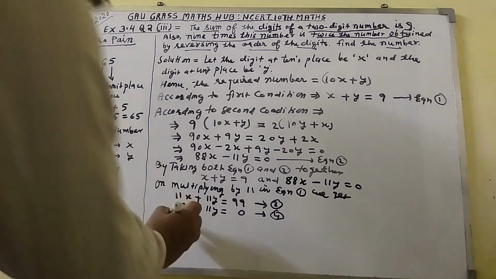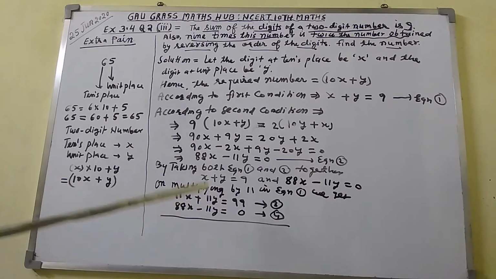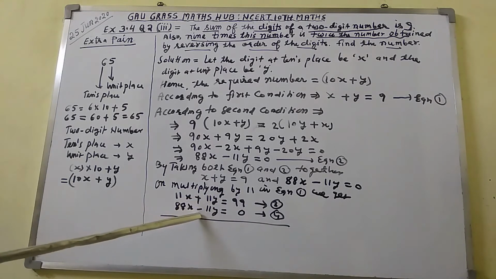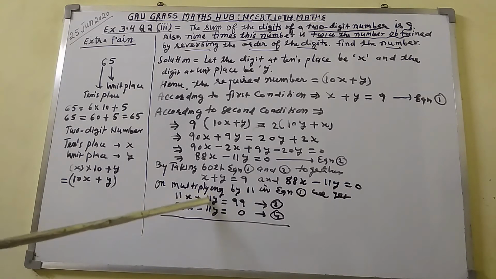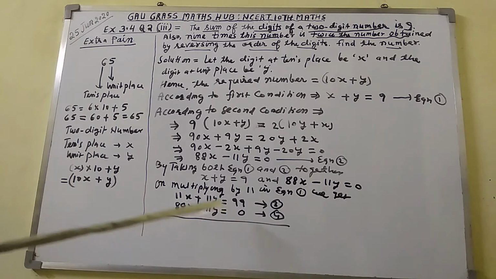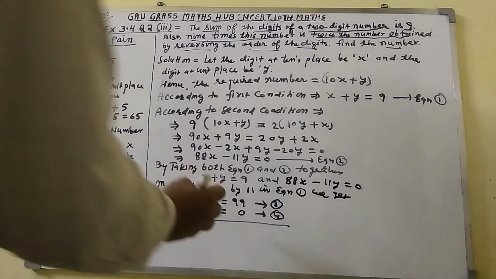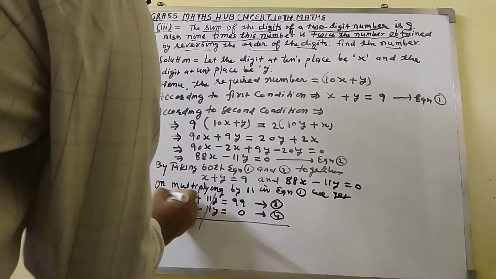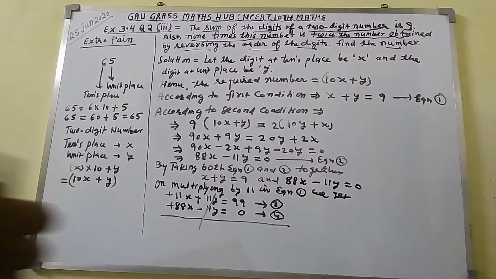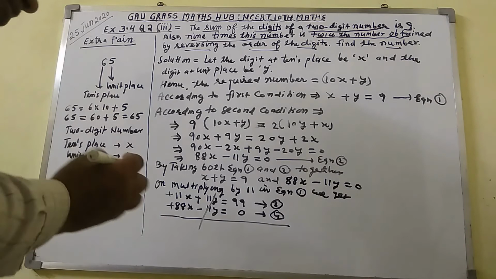Now to do operation here, just draw line here. Here you can say plus and minus sign, opposite signs are there. Here 11y is there, here 11y is also there. Signs are opposite here. And now on adding both, this will be crossed out. Now add both. This side, left side, things will be added together.